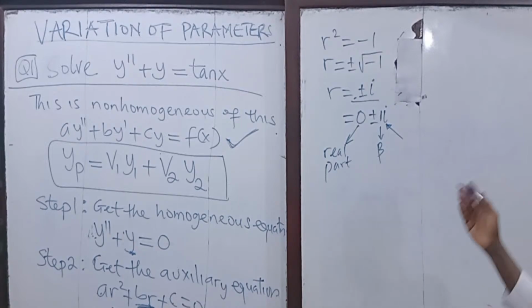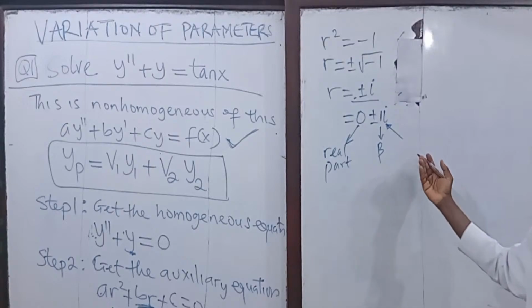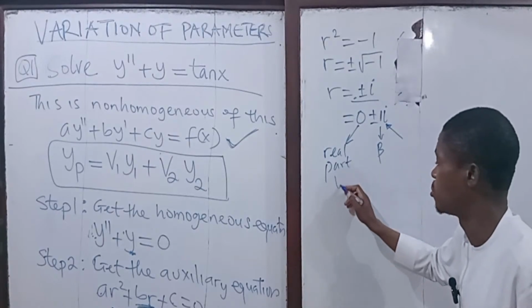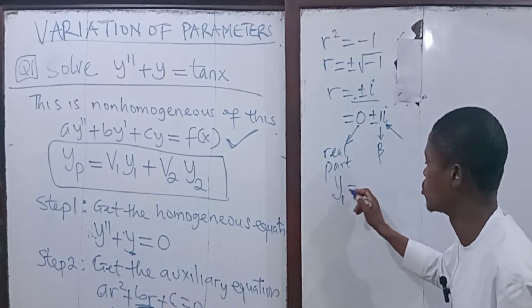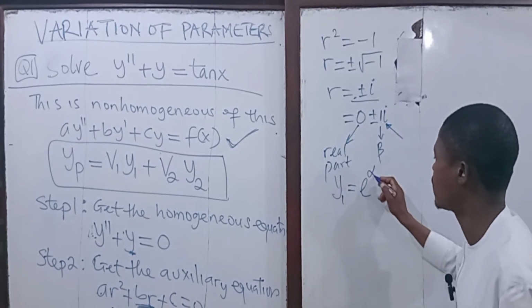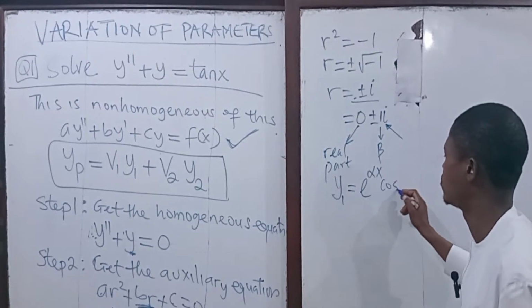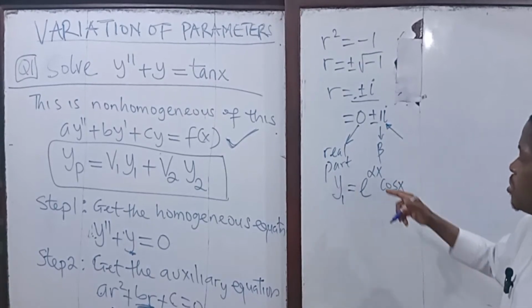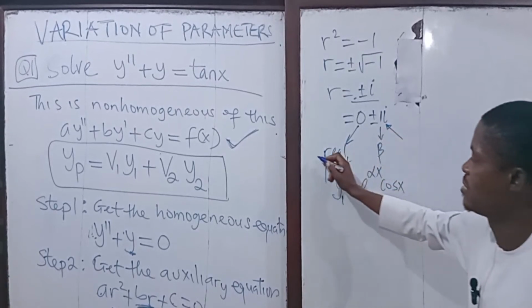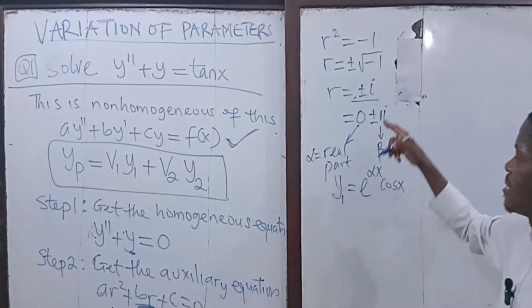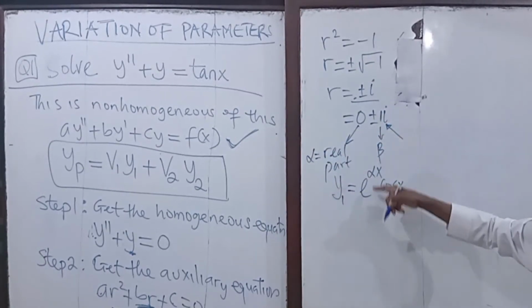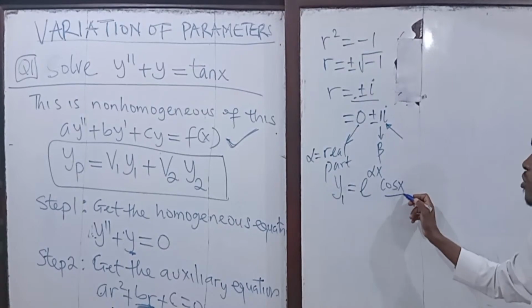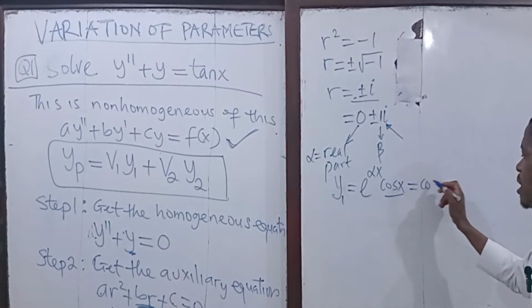So when you have a complex number, your solution y1 will be equal to e to the alpha x cos x. Then make a substitution. Your alpha is what we call the real part. Your alpha is 0, so e to the power 0 is 1. So we only have cos x.